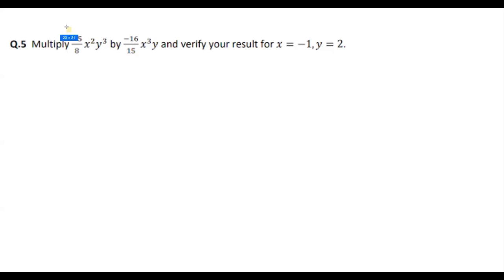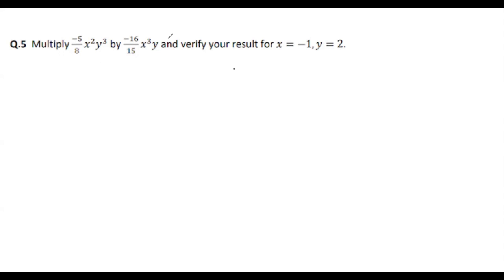In question number 5, first we have to multiply this and verify the result by x is equal to minus 1 and y is equal to 2. So I suppose we'll just multiply and place the value as this. There isn't any equation where we should verify. So the first thing that we can do is, let's multiply these two.